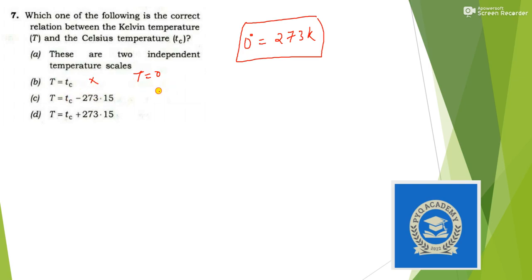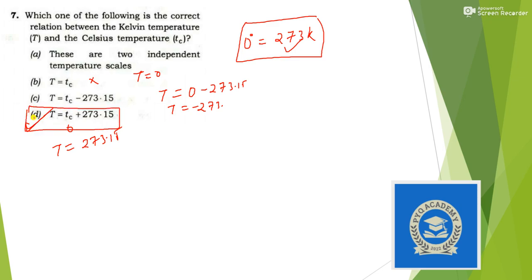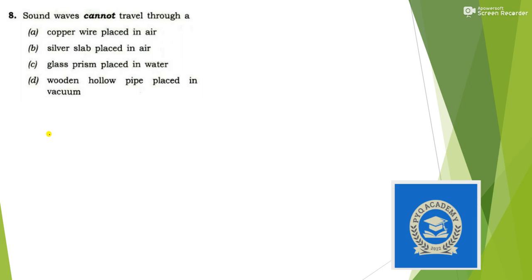Now let's put T equals 0 here: 0 minus 273.15, so it will become minus 273, but we need plus 273. Now add here, and it will become T equals 273.15, and this is our required answer. This is the conversion of temperature between Celsius and Kelvin. So answer is option D. Let's move to the next question.